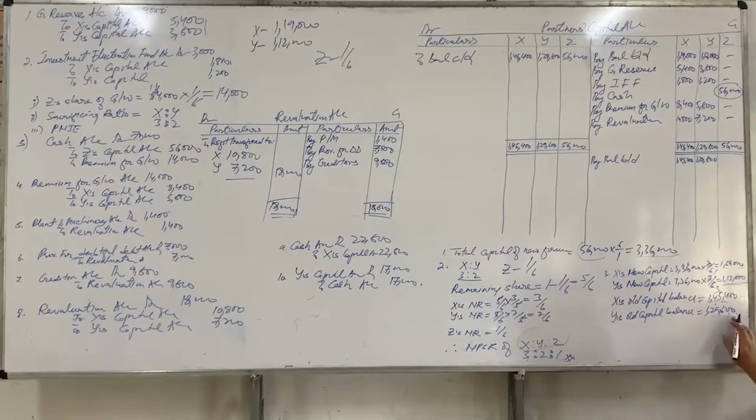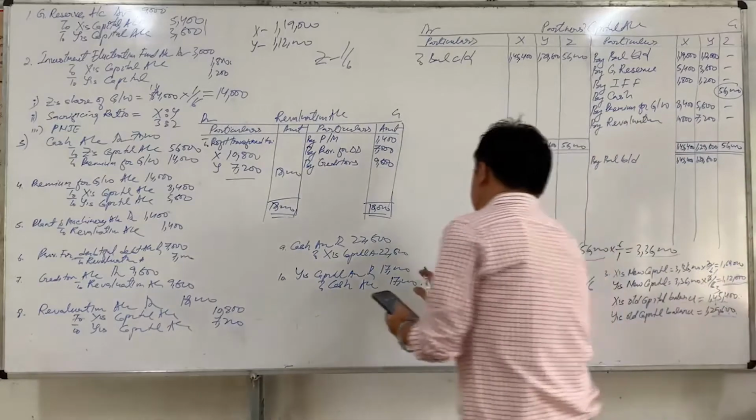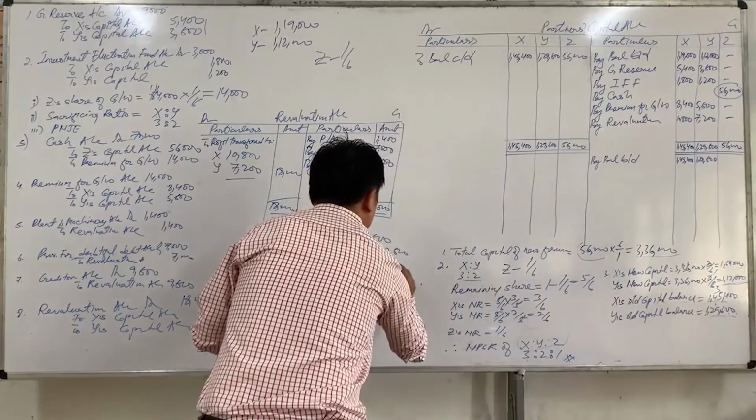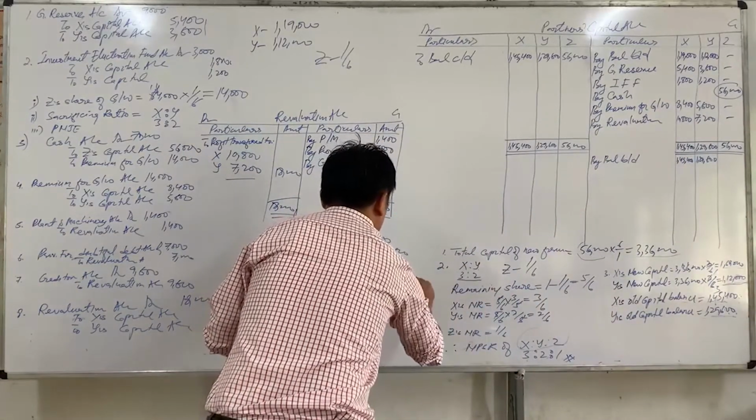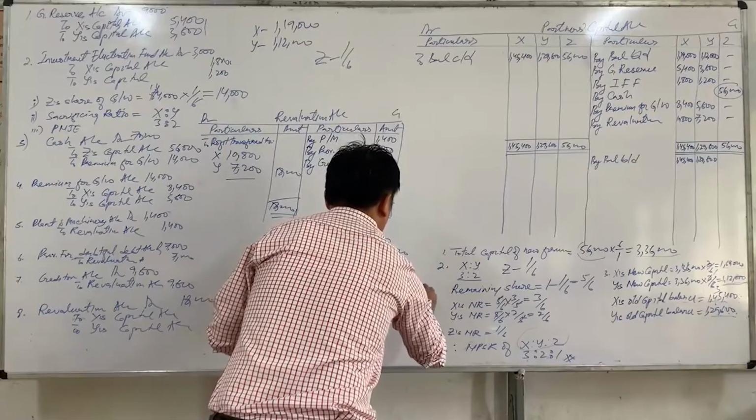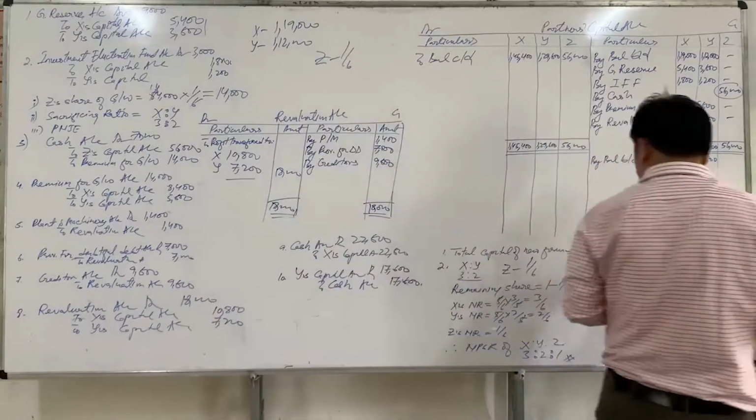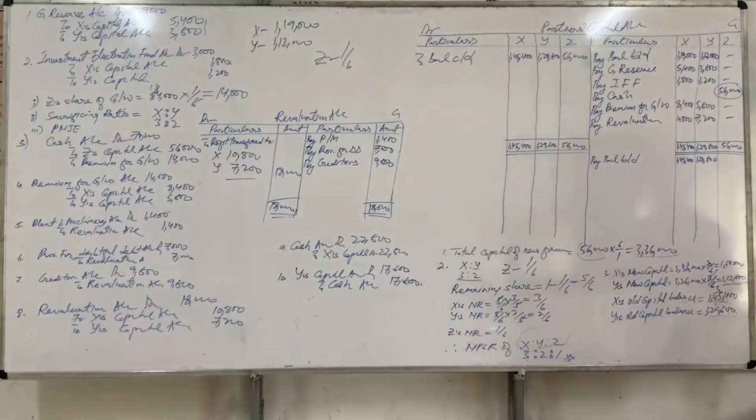So the difference amount will be 1,29,600 minus 1,12,000, which is 7,600. So the difference will be 7,600. Sorry. Okay.